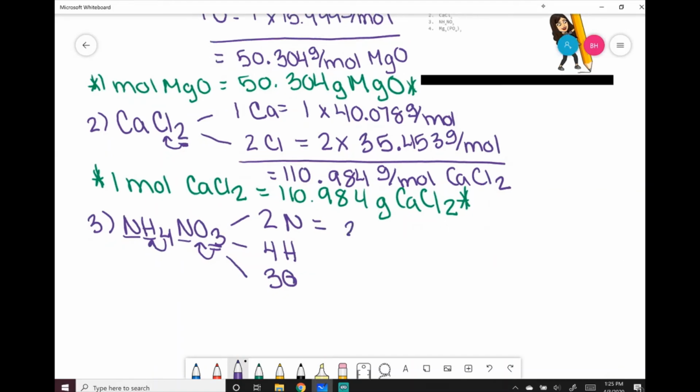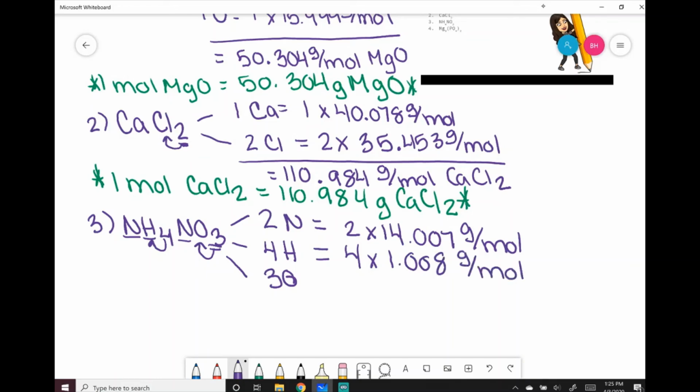So I'm going to have 2 times 14.007 grams per mole. My molar mass of hydrogen is going to be 4 times 1.008 grams per mole. And my molar mass of oxygen is going to be 3 times 15.999 grams per mole.